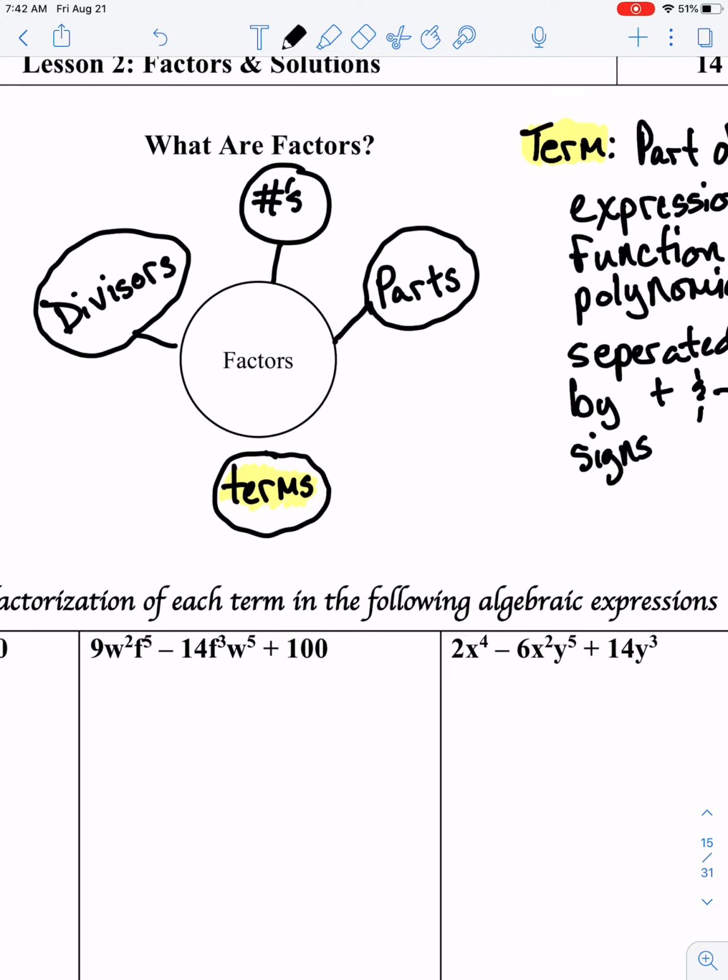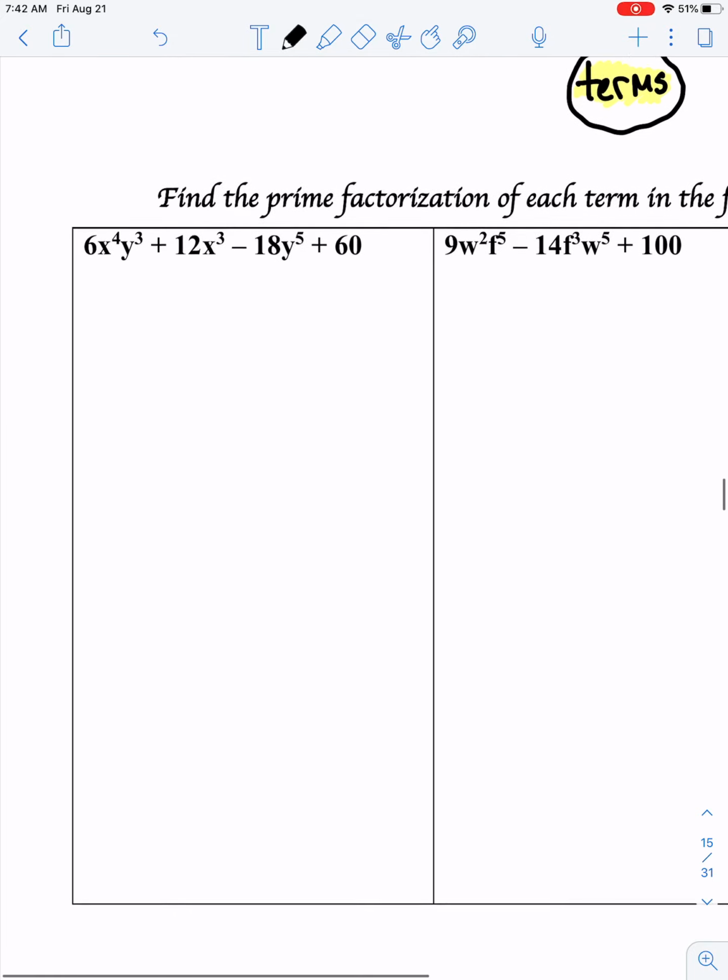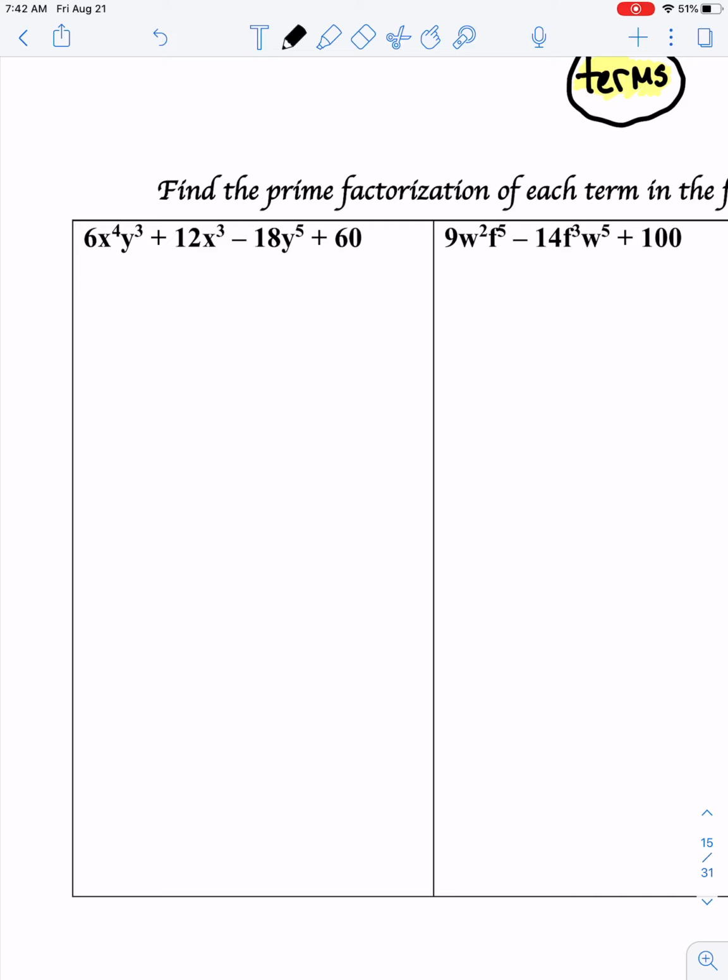So I'll give an example. When I factor, the first thing I want to do is find or list every term. So again, a term is separated by addition and subtraction. So 6x to the fourth y cubed, I see a plus. That tells me I have a new term coming to the right.